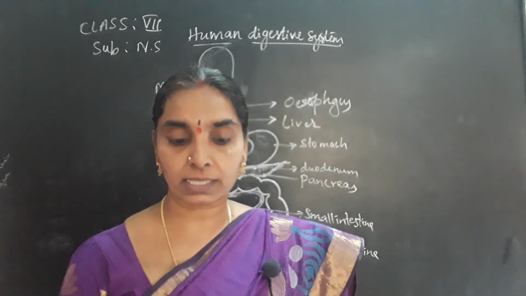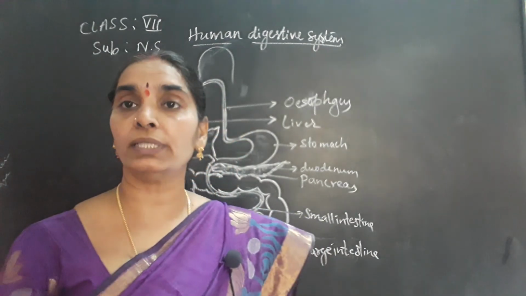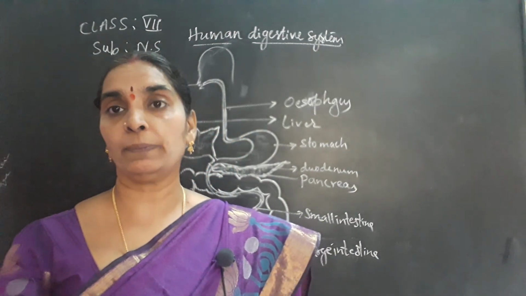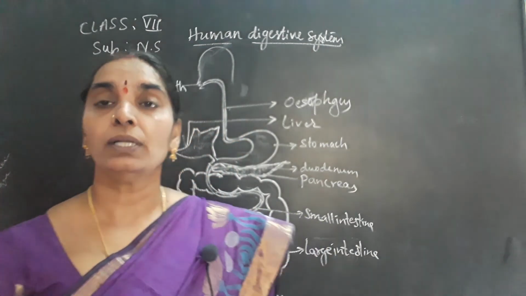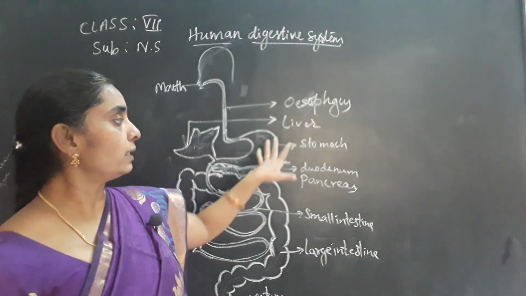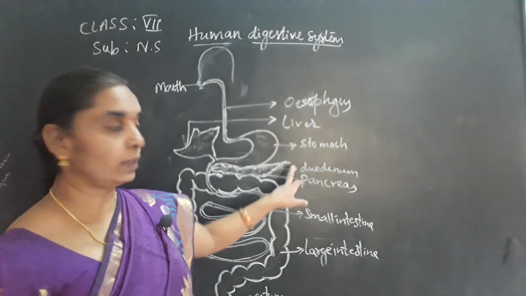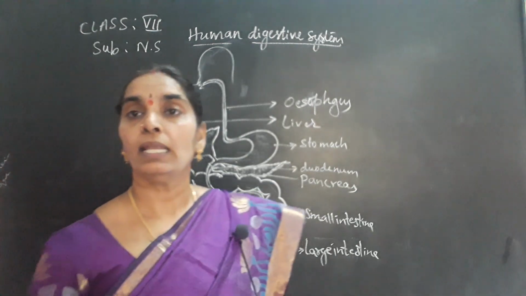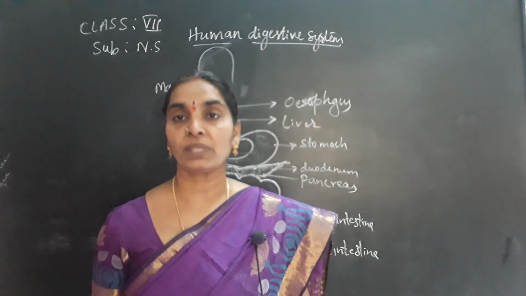Okay, so in the next class I will proceed with digestion in human beings. First, try to know these words: esophagus, liver, pancreas, duodenum, small intestine, large intestine, rectum and anus.